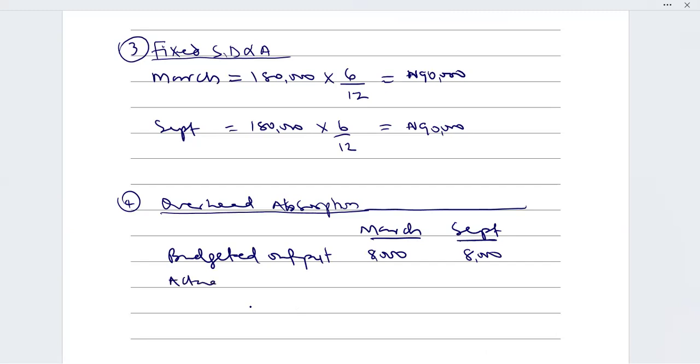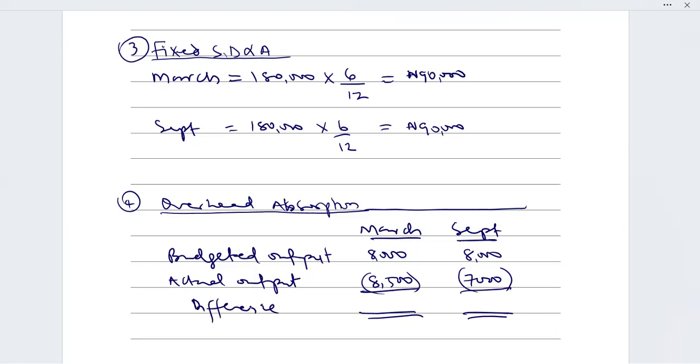Actual output: how many units were produced in March? 8,500. Then in September, 7,000 units were produced. So let's find the difference: minus 500, then 1,000.